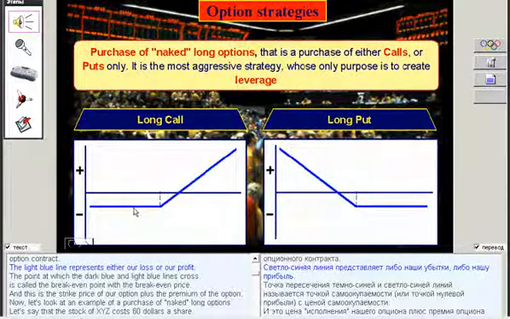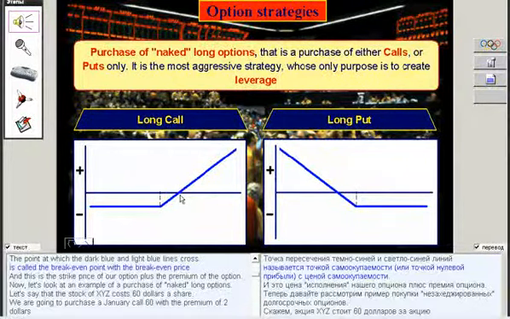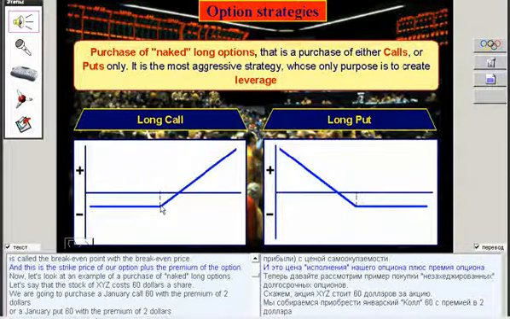The light blue line represents either our loss or our profit. The point at which the dark blue and light blue lines cross is called the break-even point, or the break-even price. And this is the strike price of our option plus the premium of the option.